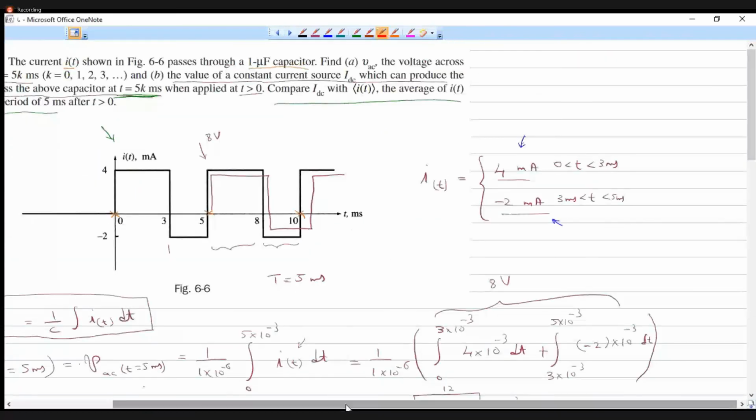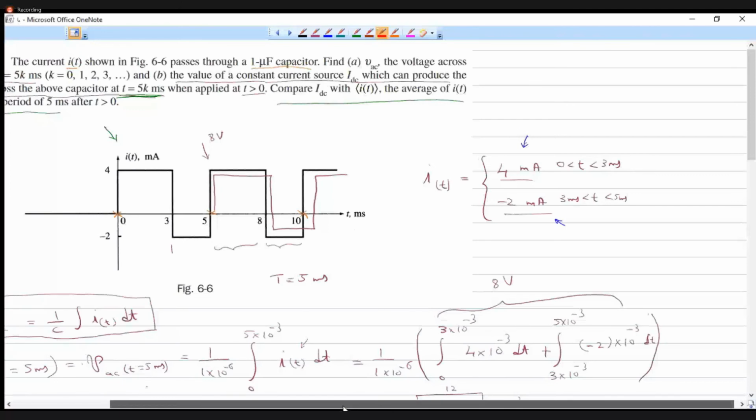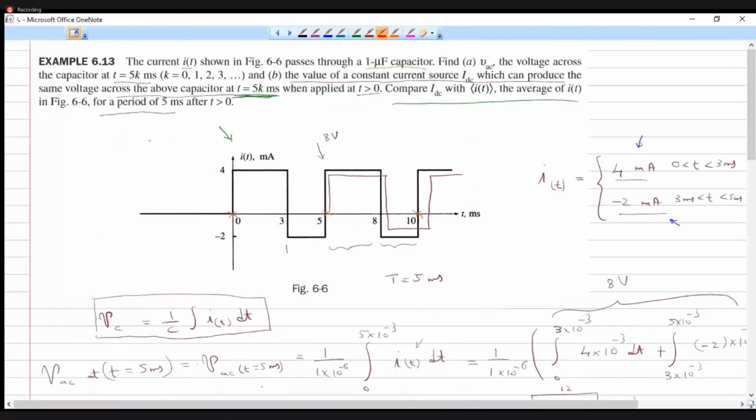After that, we have taken the case of a capacitor that is charging. So this is the example in which a current is flowing through a capacitor.